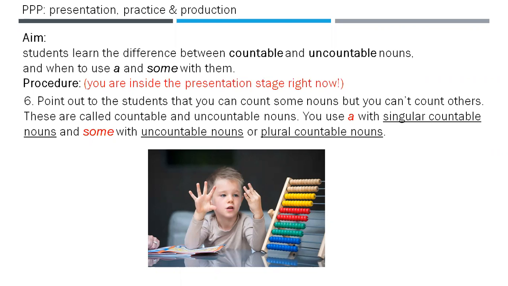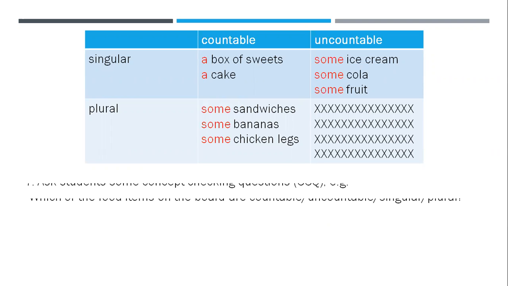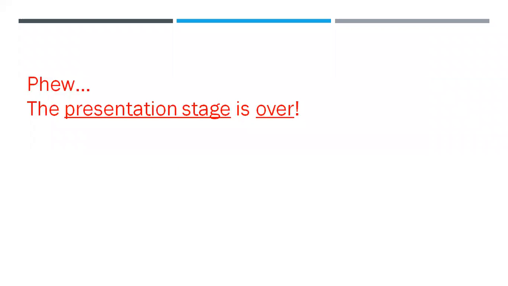So you could also visualize that with, for example, this kind of table. Or you can highlight a and some in this table, and then it would be logical to ask students some concept checking questions, or CCQ in short. For example, which of the food items on the board are countable, which are uncountable, which are singular, which are plural. So thus you collect some feedback from your students. All right, the presentation stage is over.